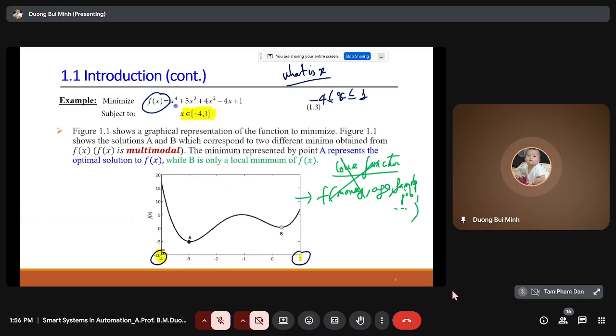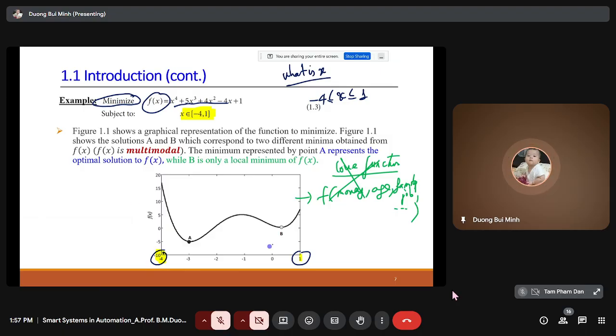If you draw the curve of f(x), you get this one. Now, the problem: we would like to find the minimum value of f(x).